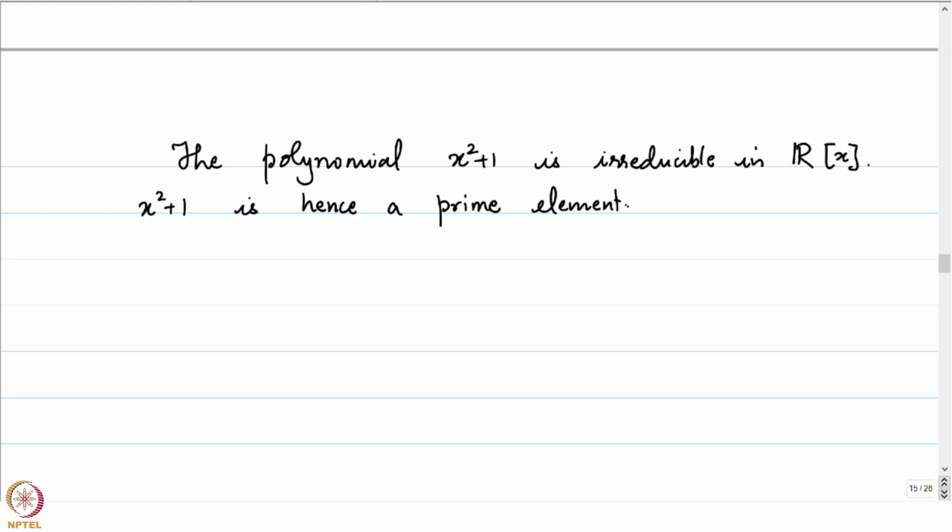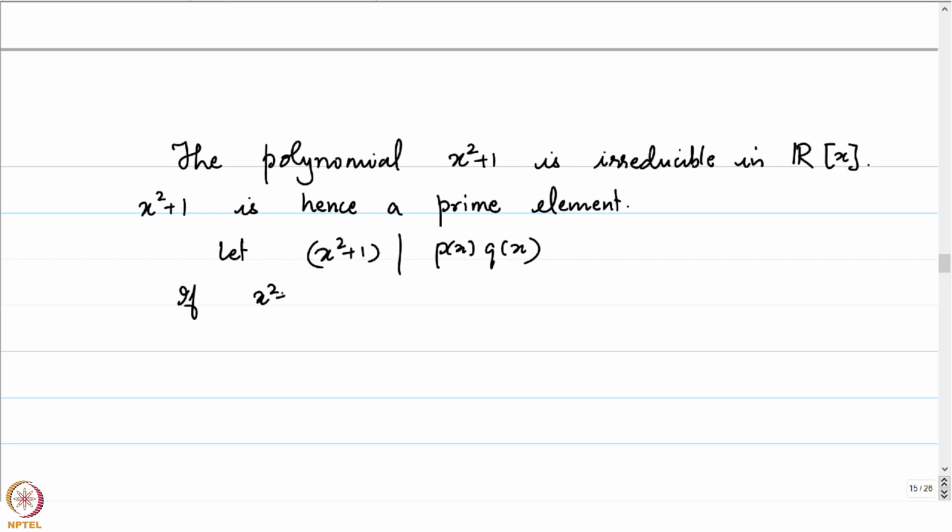So the claim here is that x square plus 1 is a prime element in R[x]. Let's check that very quickly. Let x square plus 1 divide P(x) times Q(x). Let's prove that it divides one of the two. Without loss of generality, if x square plus 1 divides P(x), then we are already through.